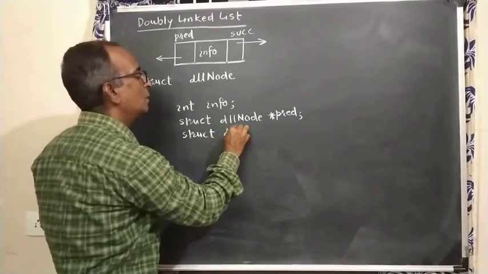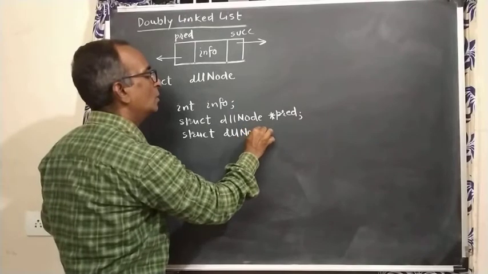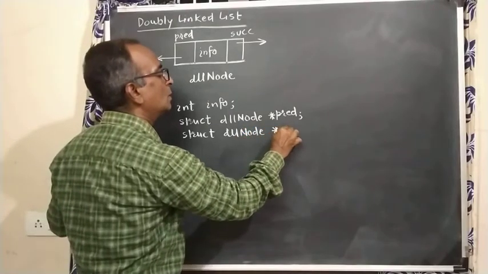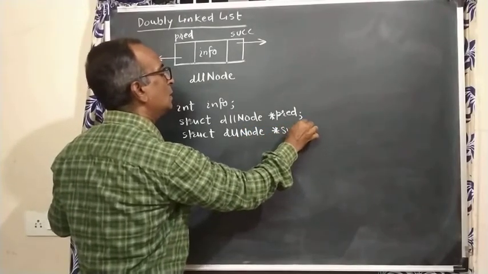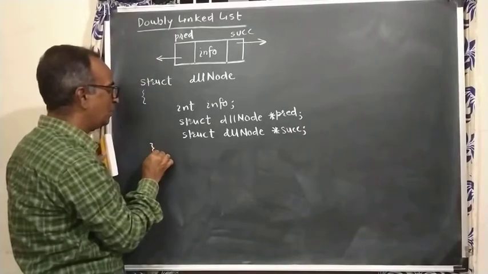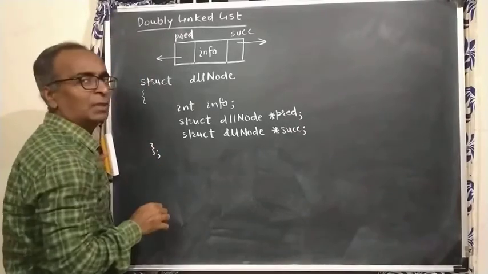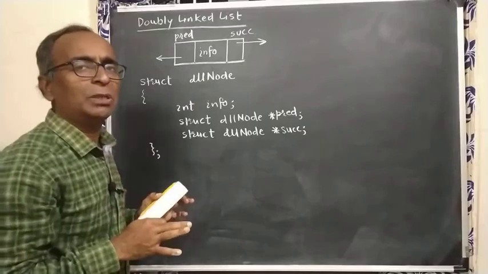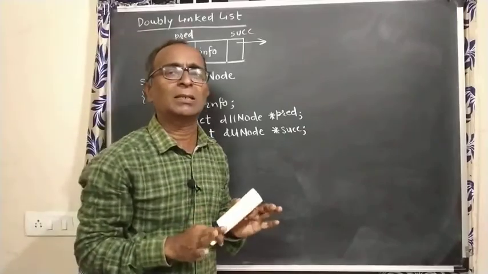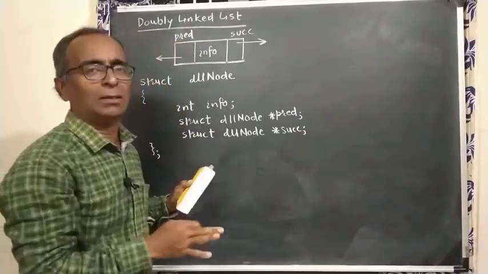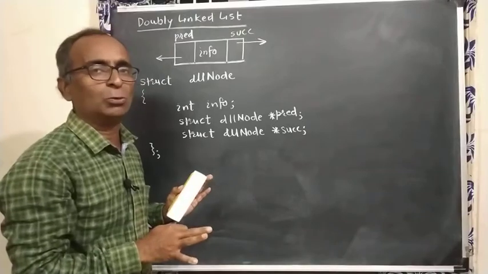Struct DLL node star successor. So this will be the simplest declaration. Now if you have understood everything about singly linked list, it's too easy to understand doubly linked list also.